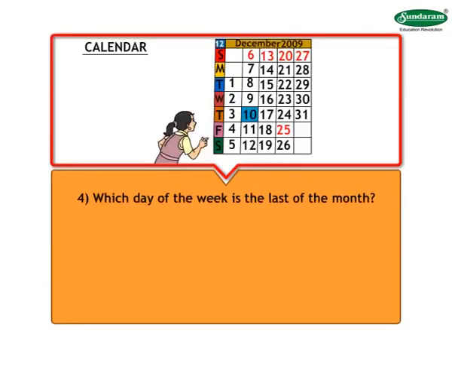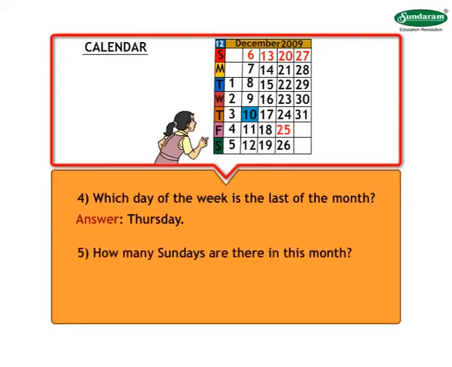4. Which day of the week is the last of the month? As you can see, the last day is 31st of December written in the column showing T for Thursday. So the answer is Thursday. 5. How many Sundays are there in this month?